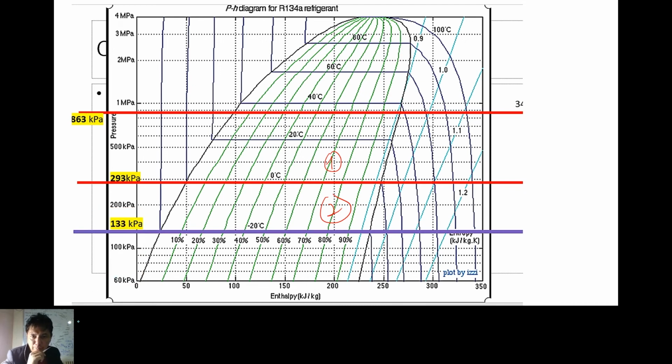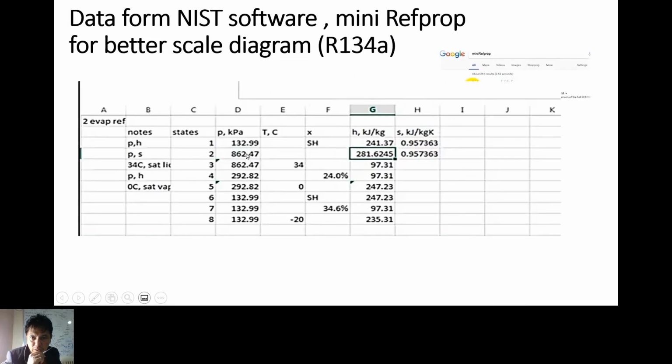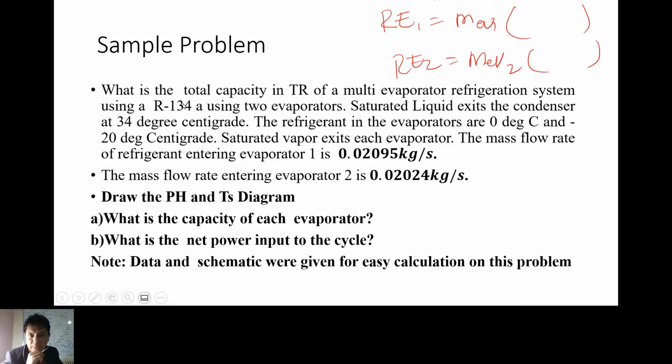mass of evaporator 1, yung pumapasok dito, no? So, from saturated here, yung pumapasok rito na mass. Binigay naman sa problem, no? What is that mass sa evaporator 1? Ayan o, nakalagay.